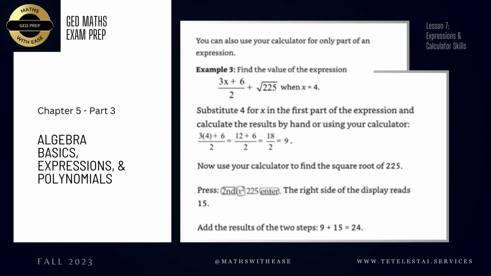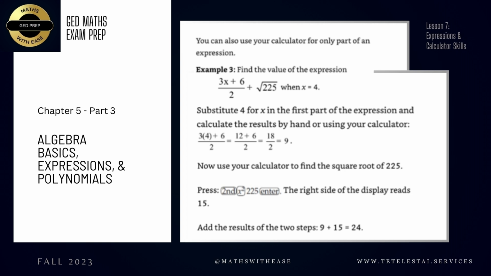Or you could just use your calculator for the whole expression. But you need to pay attention that if you want to use your calculator for the whole expression, you need to first start by entering 2 open parentheses. The first open parentheses covers this entire expression, this 3x plus 6 over 2, right?